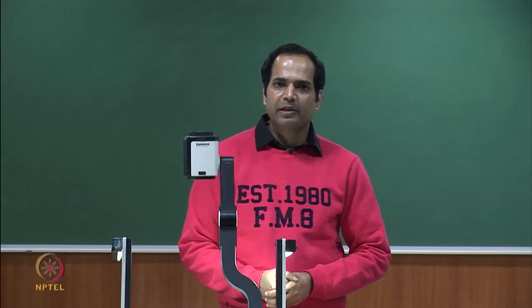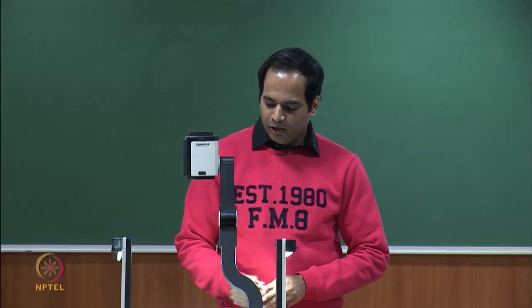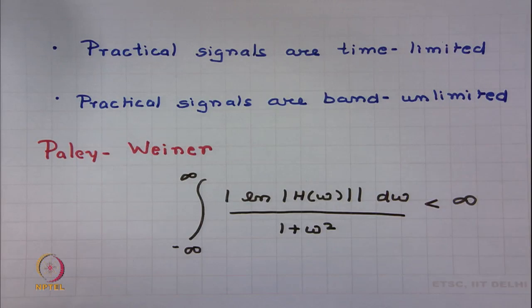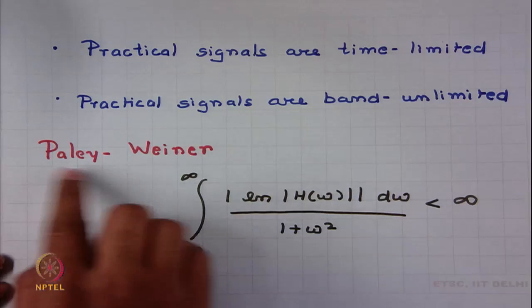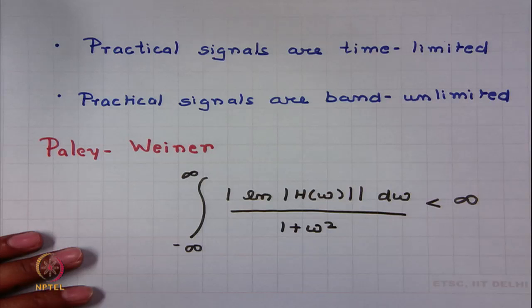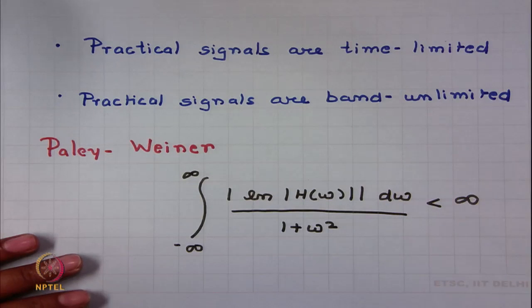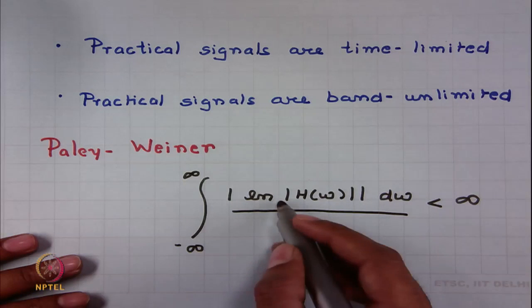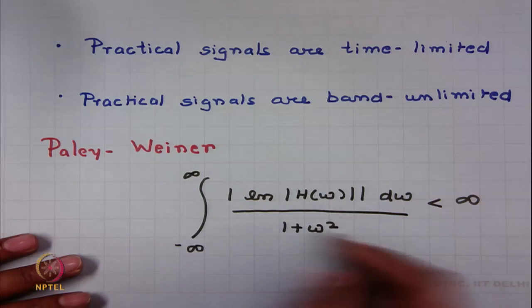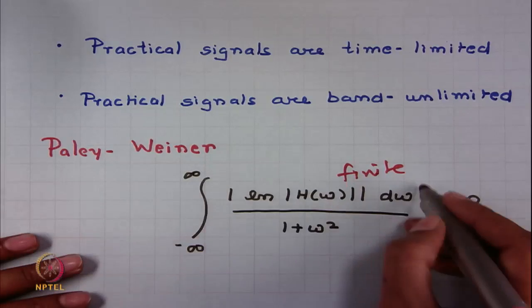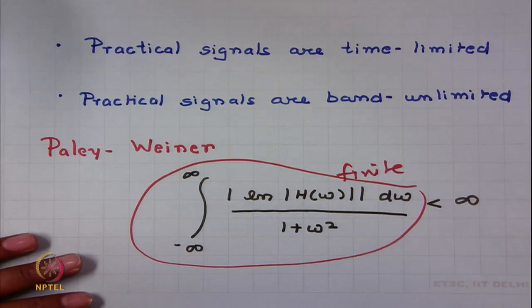You cannot transmit a signal from minus infinity to plus infinity, and also we can see that these practical signals will be band unlimited, and this follows from the Paley-Wiener theorem or condition, which says that for the practical realizability of the signals or systems, the integration of mod of ln mod H(omega) divided by 1 plus omega square should be finite. So, the Paley-Wiener theorem says that this complicated integration should be finite for practically realizable signals or systems.